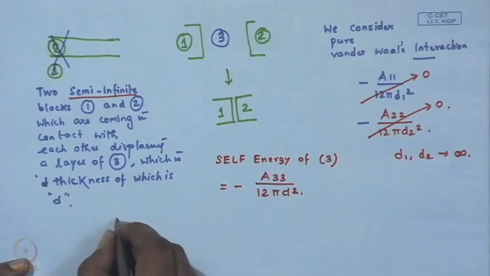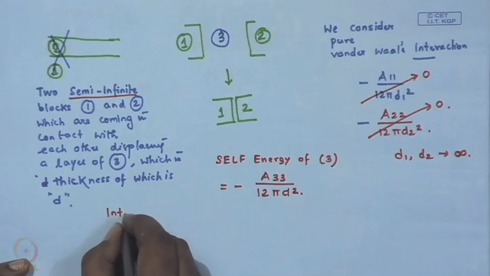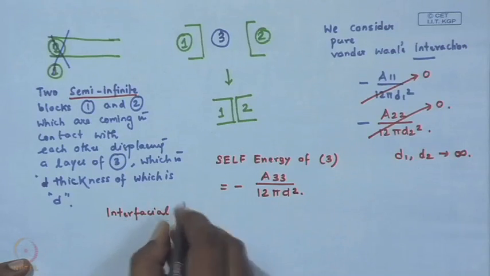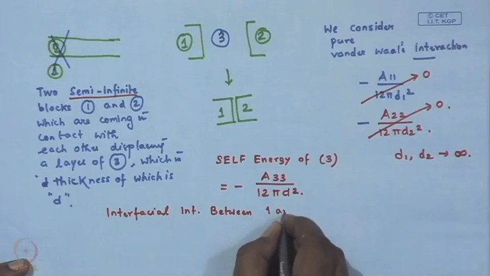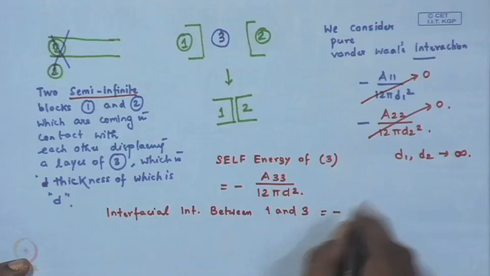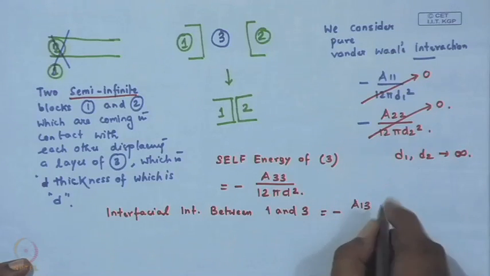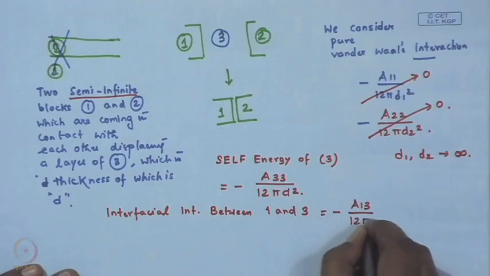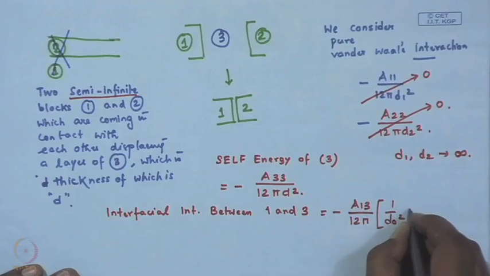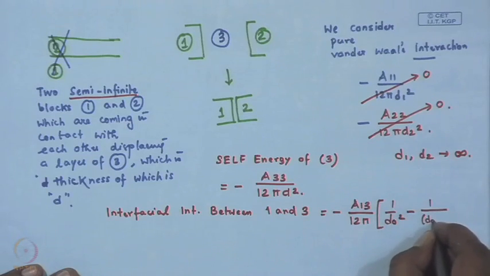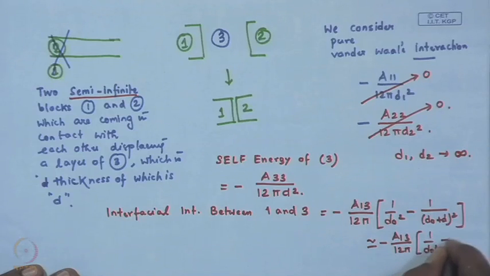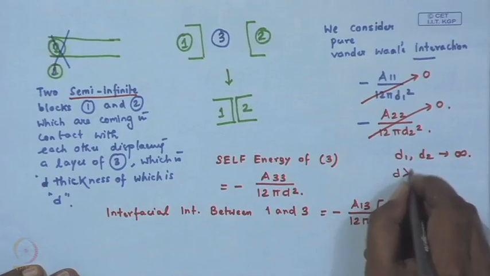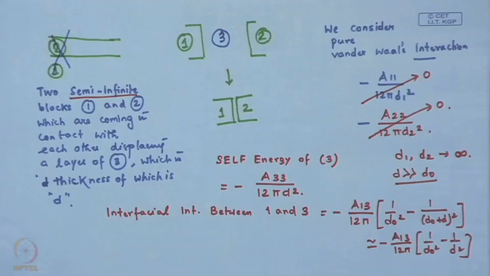The interfacial interaction between 1 and 3 is minus A13 divided by 12 pi, times 1 by d0 square minus 1 by d0 plus d square, which can be approximated as minus A13 divided by 12 pi, times 1 by d0 square minus 1 by d square. Assumption is d is much larger than d0.